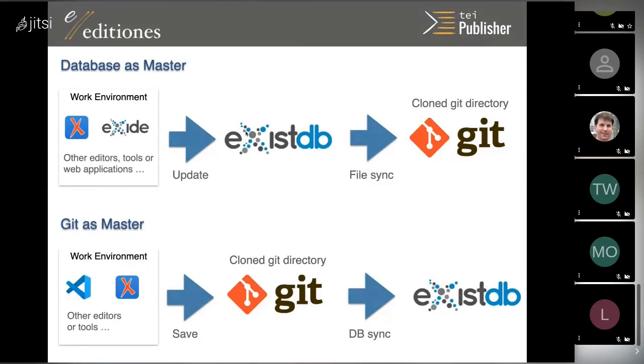So that's the database as master workflow. And we have Git as master, where you have also a work environment with more or less the same editors, except that eXide will not work in this scenario. You save your file to the cloned Git directory, and you have some kind of synchronization going on, which then uploads the changes into eXistDB.